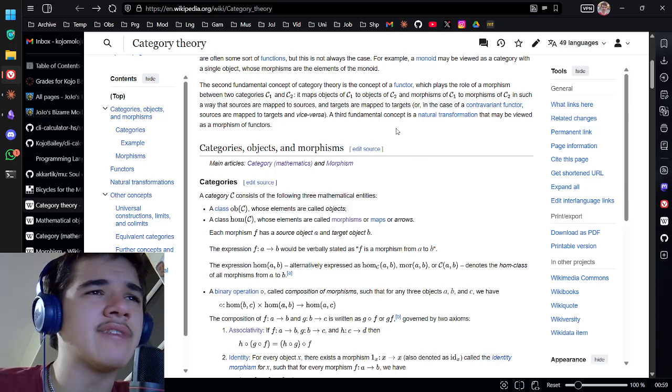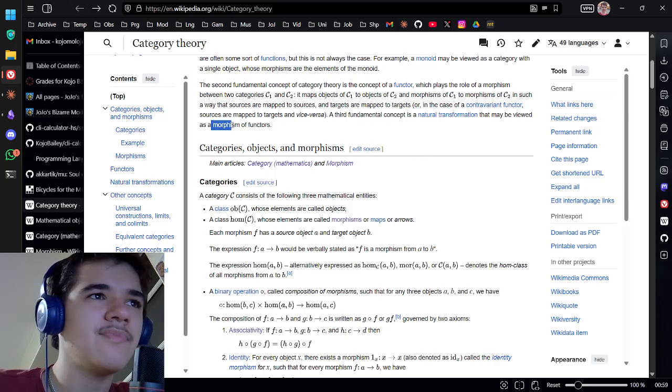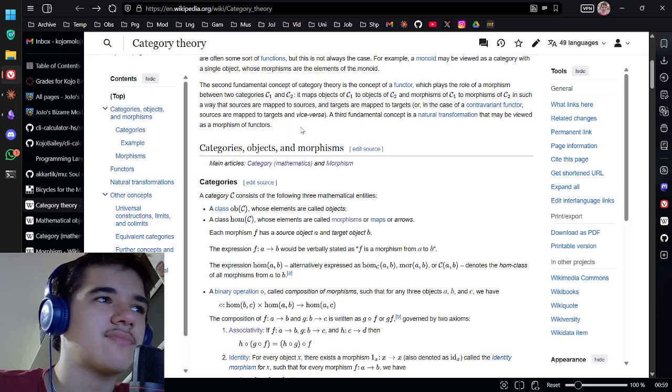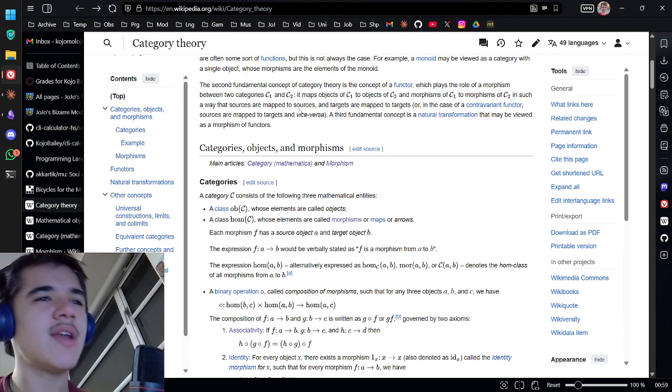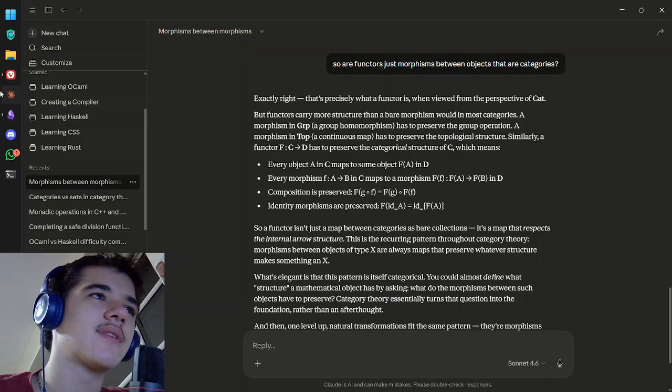So the one I didn't understand really is natural transformation. It says it's a morphism of functors, which, fair enough.